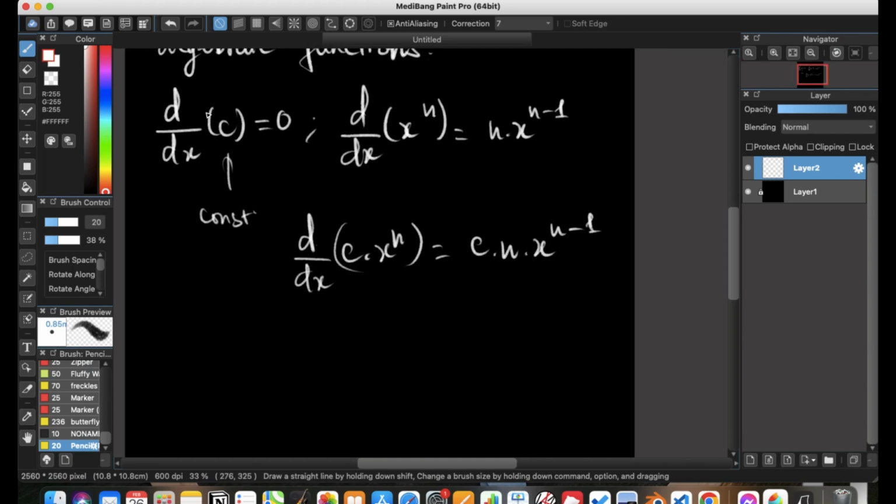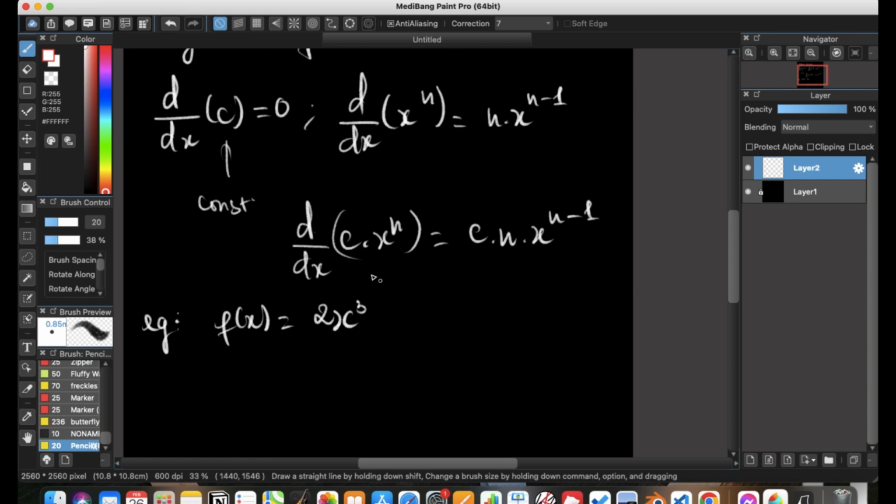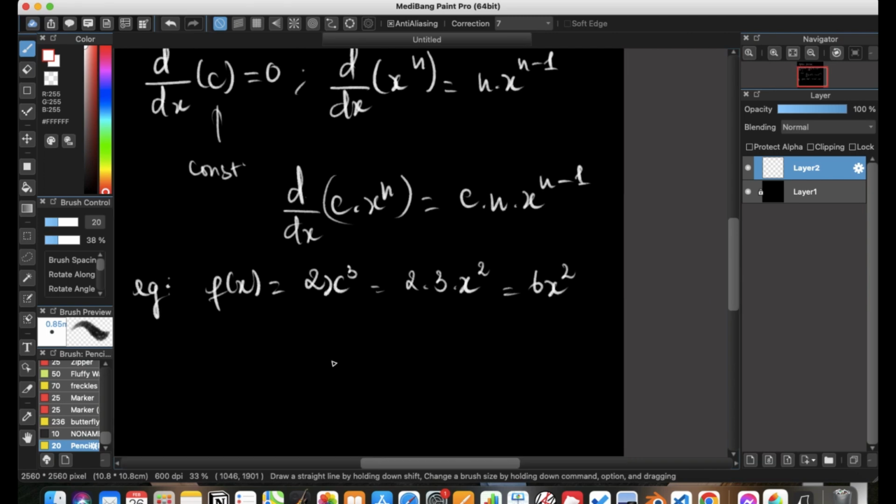And let's take a look at an example. So I have f(x) equal to 2x to the power of 3, and applying this, we will have 2 multiplied by 3x to the power of 2, right? So that would be 6x to the power of 2. And let's take another example.